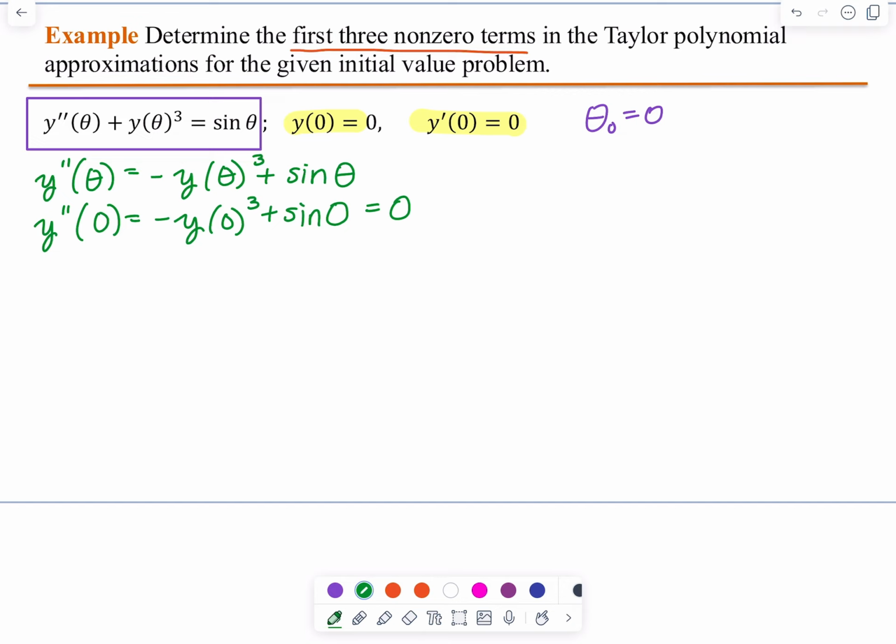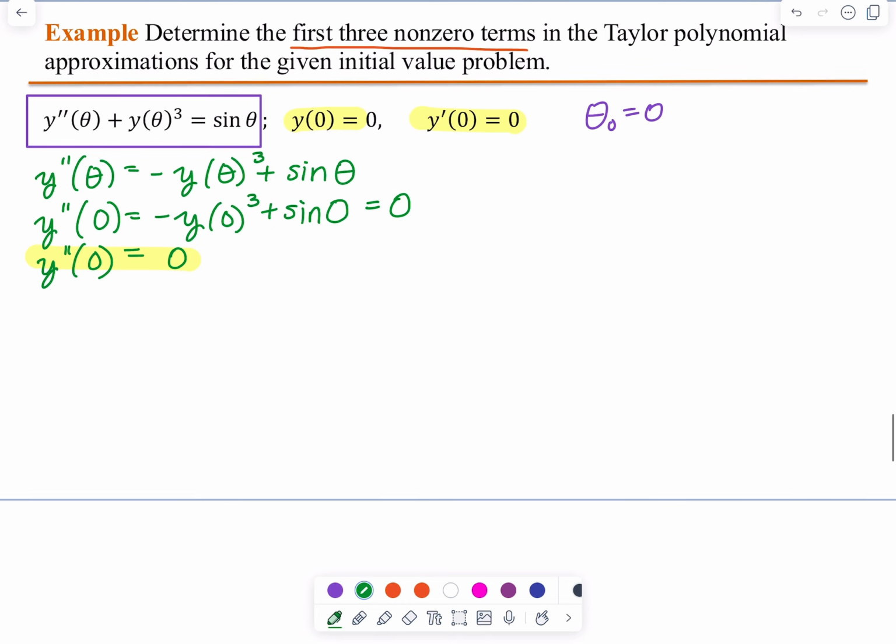So now, just so that we can keep track of these, I'll do those in yellow. So we have our function value, our first derivative, and our second derivative evaluated at 0 to be equal to 0. Let's go ahead and find our third derivative.